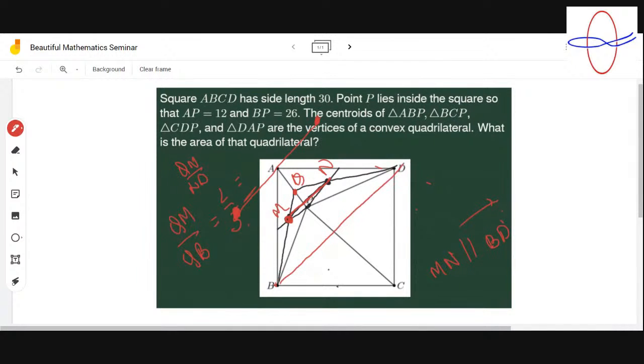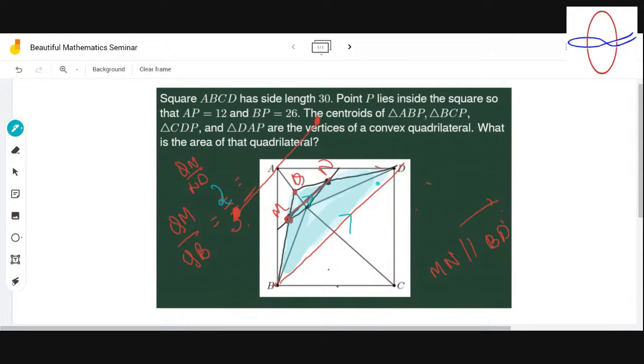Take this triangle, QNBD. Observe that QN by ND is equal to QM by MB, which is equal to 2/3. Therefore, MN is parallel to BD, the diagonal.